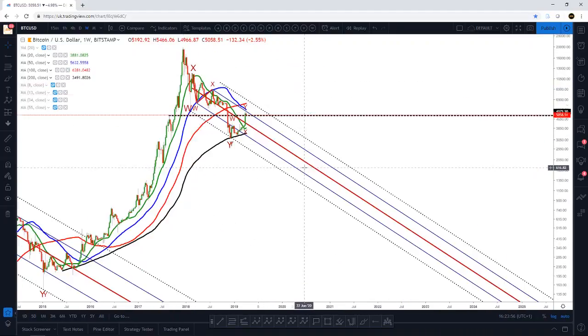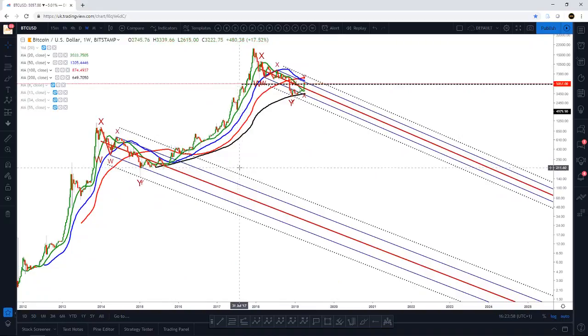So again, are we seeing the same thing of a completion of a major WXY, with this being the major bottom? That is the big question on everyone's mind.